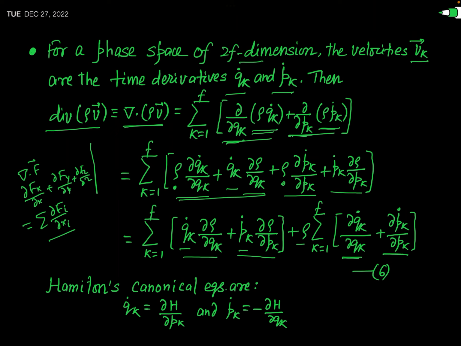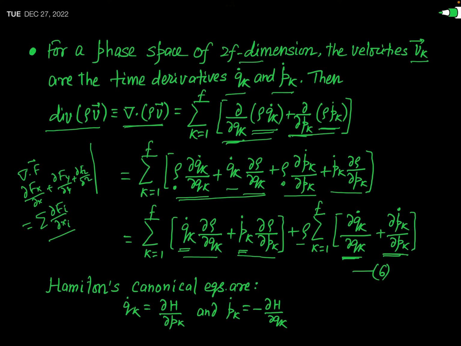So you can write the Hamilton canonical equations, and then you will get the idea what qk dot and pk dot stand for, and how these two quantities del qk dot by del qk and del pk dot by del pk are related. So first of all, write the Hamilton's canonical equations.